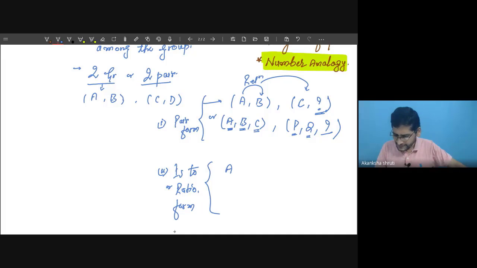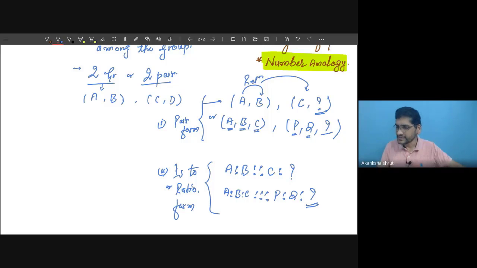It may be given that A is to B, meaning A and B are following a relation. Then there is another pair in which C is known. You have to calculate D, maybe in this way. Or the triplet may also be written like this. Say A is to B is to C is given. Then what is the next triplet? P is to Q is to what? That we have to determine. So these are just two ways of writing or framing the question.